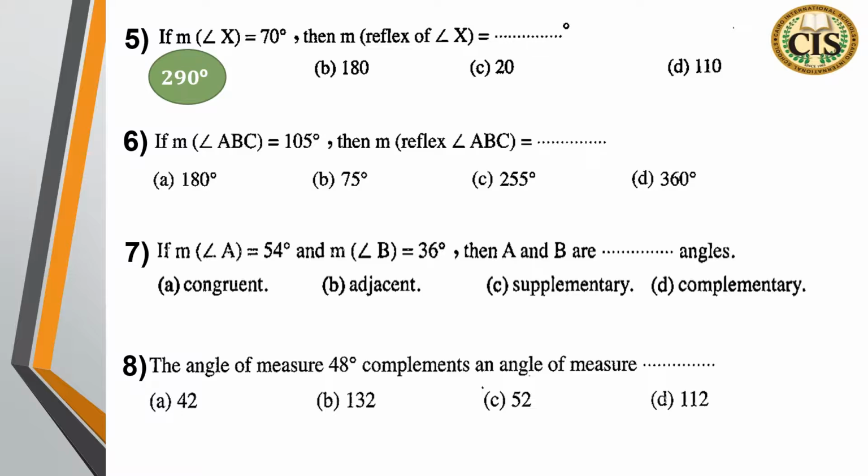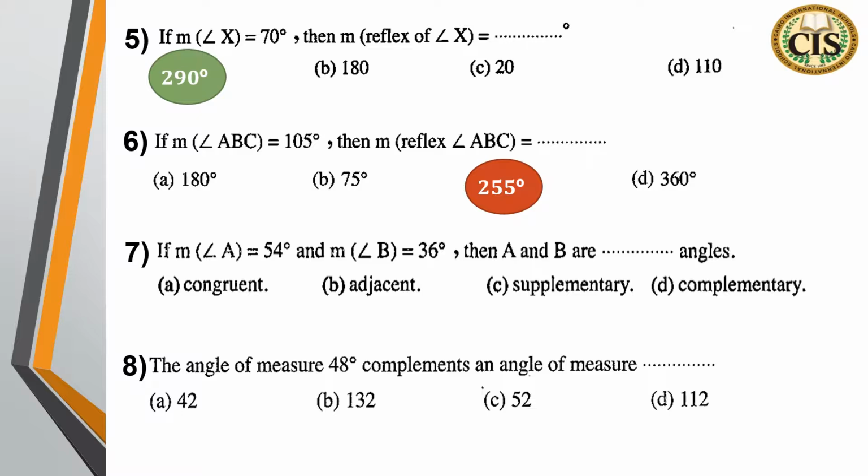If measure angle ABC equals 105 degrees, then the measure of reflex angle ABC equals what? Reflex is 360 minus 105, the answer will be 255.